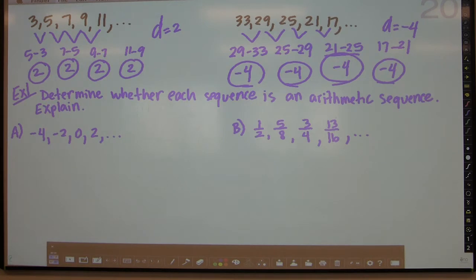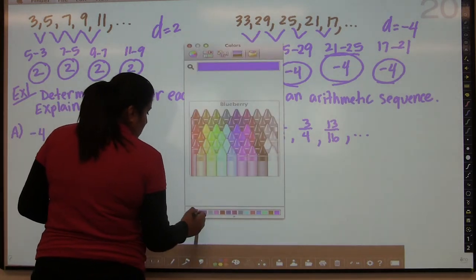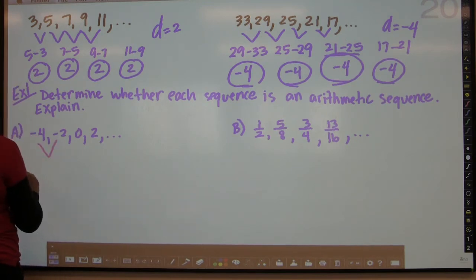Alrighty, so then we have our first example that says, determine whether each sequence is an arithmetic sequence and explain. Now remember that the only way for it to be an arithmetic sequence is for the common difference to be the same throughout all the pairs of numbers. That's what we're going to do right now. We're going to calculate them. So I'm going to start here and go negative 2 minus negative 4. Now be careful with the minus negatives. That's actually negative 2 plus 4, and 4 minus 2 is 2.